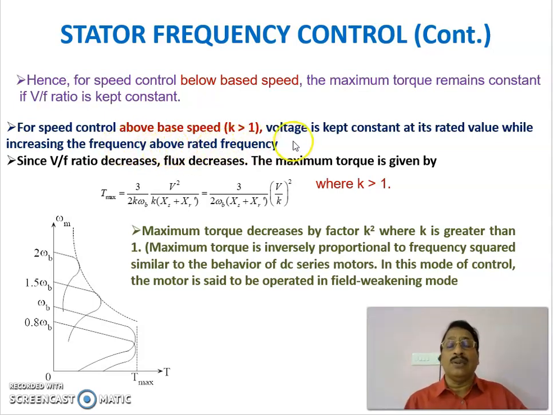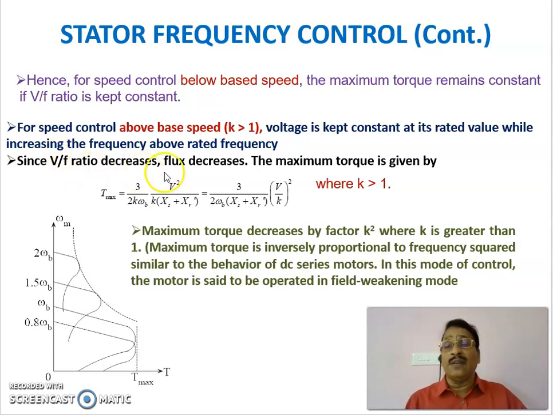above the rated frequency. Now, as we have seen in the previous equation, as frequency is increasing, flux is reducing. As flux reduces, torque gets reduced. Therefore, in this case the V by F ratio is decreasing, because we are not increasing the voltage above the rated voltage.